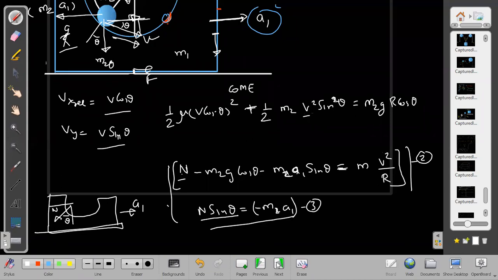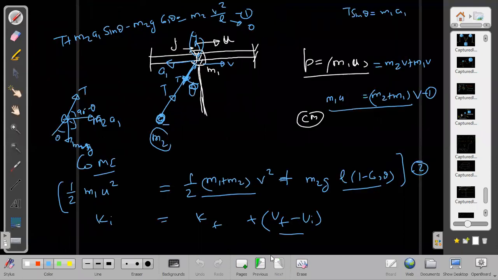Okay. Sir, can we say V itself is the relative velocity? We are writing Vx relative equals V cos theta, no, sir.